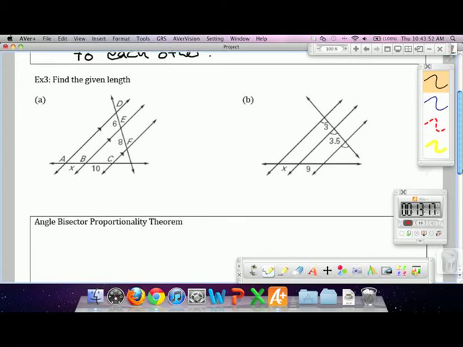So if I want to find, say, some given lengths, I have three parallel lines intersected by two transversals. Our previous theorem says that the segments created are proportional to each other. Or I could say DE over EF, DE to EF has got to be the same ratio as AB to BC.